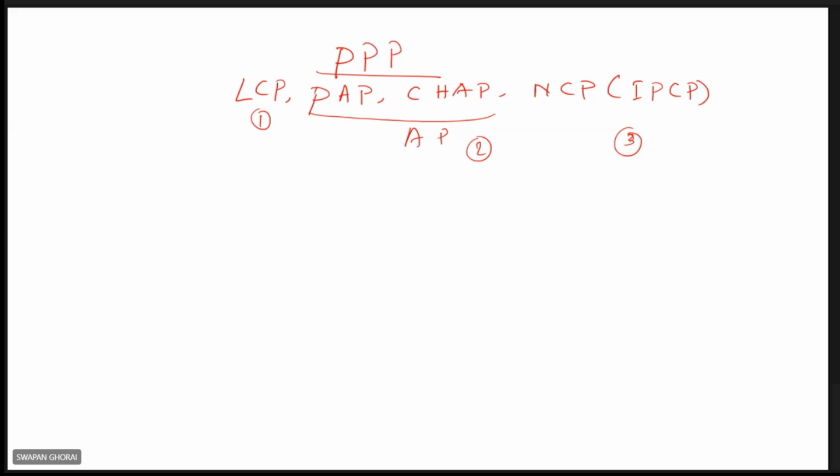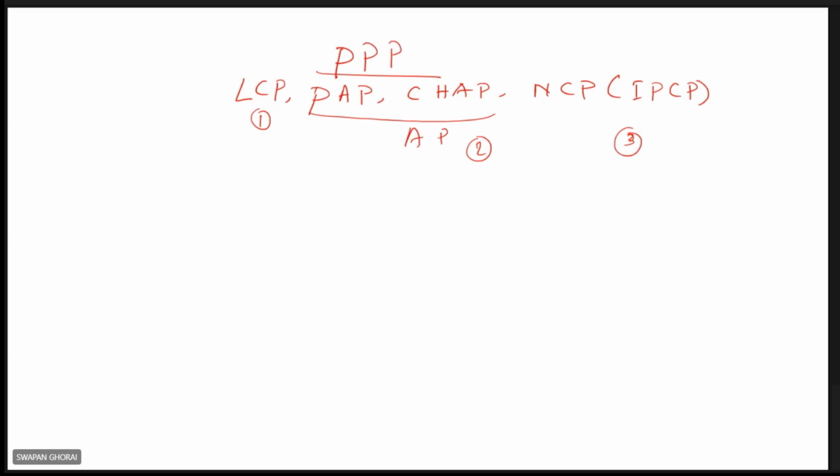In the first step, the user who wants to access the system sends the authentication identification, that means username and password. In the second step, the system checks the validity of the identification and password, and then it can accept or deny the connection. So that is the two-step process.